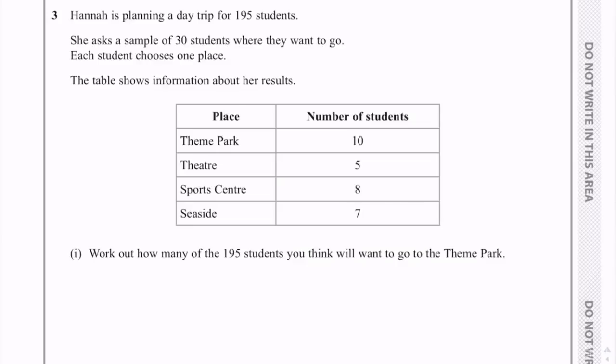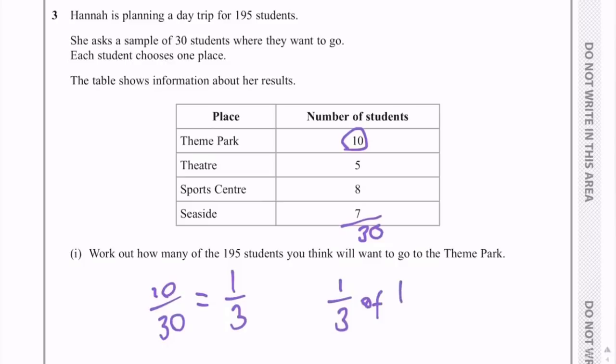Now the amount that go to the theme park are 10 in this sample, and it's already said in the question it's 30 people in total. So in total in the sample, 10 out of 30 people want to go to the theme park. And if we simplify that down, that's 1/3. So we're going to assume using this sample that 1/3 of all students want to go to the theme park. So really all we're actually being asked to do here is to work out 1/3 of 195.